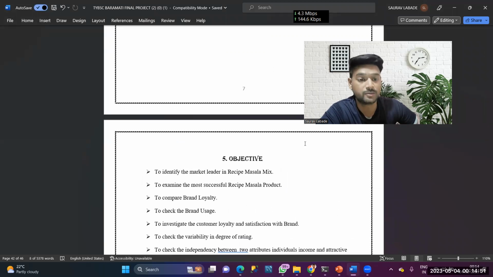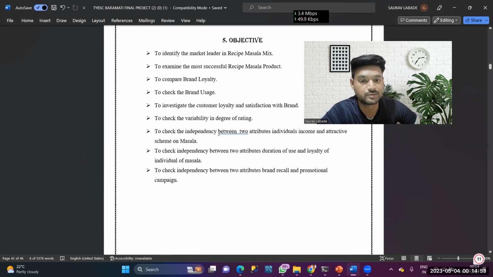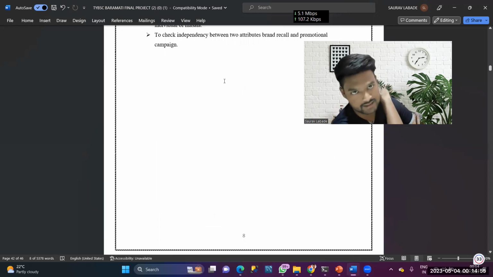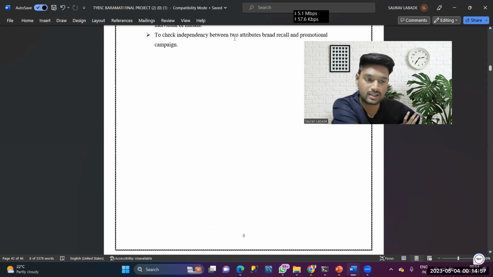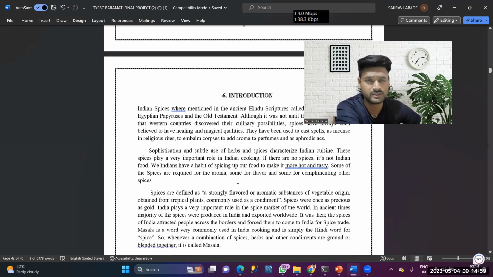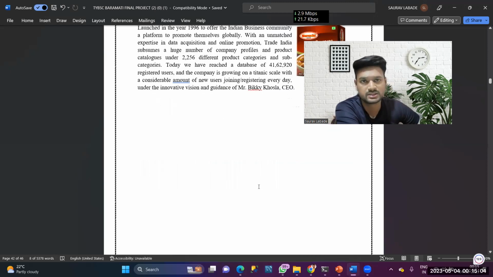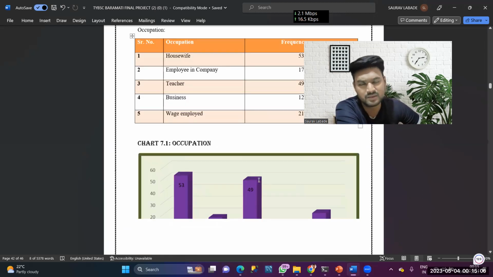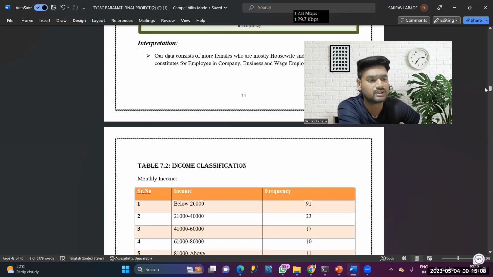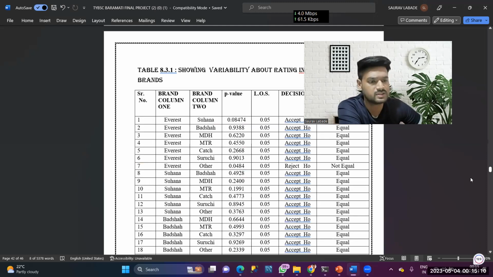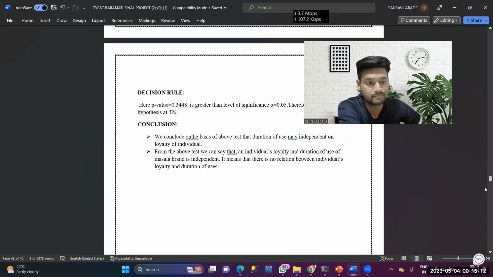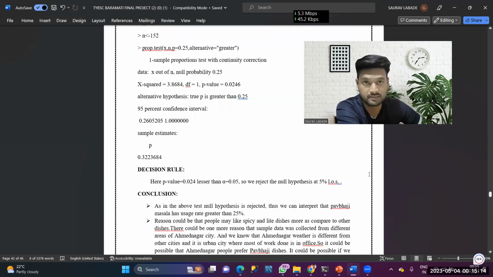Third is the objective. What are the objectives of the project? Then just start with the graphical representation. You know how to do that. It is basically from your data, and after doing the graphical presentation, go with some statistical tests. A minimum of two tests is required. After doing the statistical tests, explain your conclusion briefly.